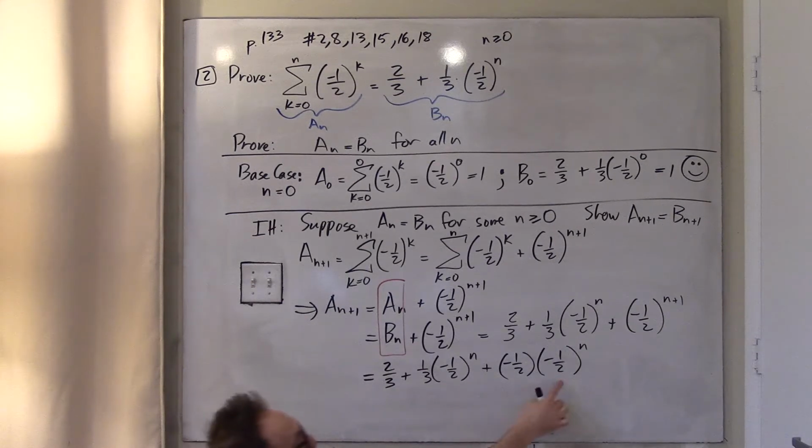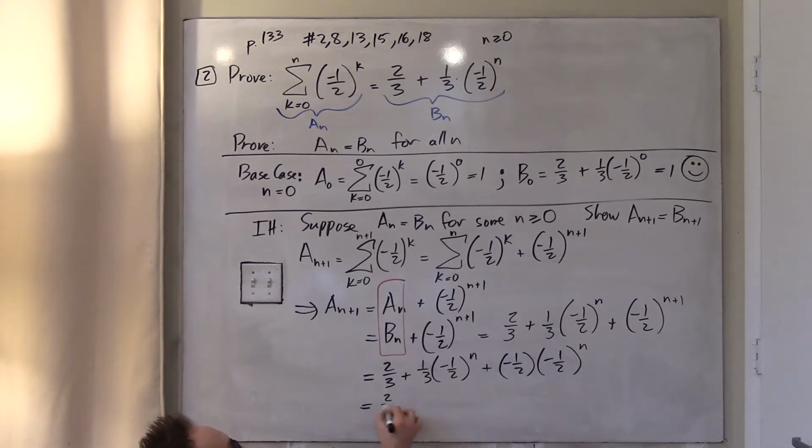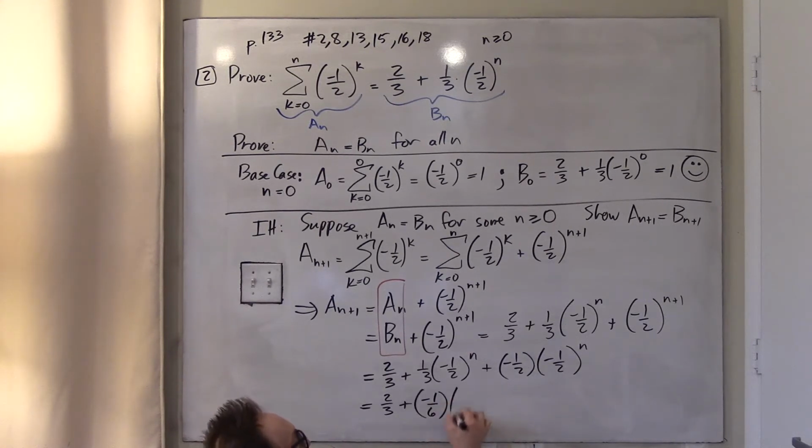Now I can factor and I get 2/3 plus 1/3 minus 1/2 is negative 1/6. So I'll write that as negative 1/6, negative 1/2 to the n. Basically factoring out a negative 1/2 to the n. I think this is pretty clear. I'm left with the 1/3 minus 1/2, which is negative 1/6.